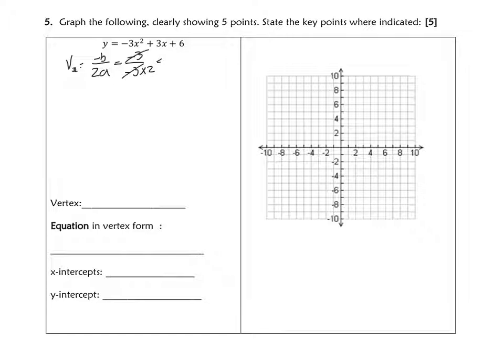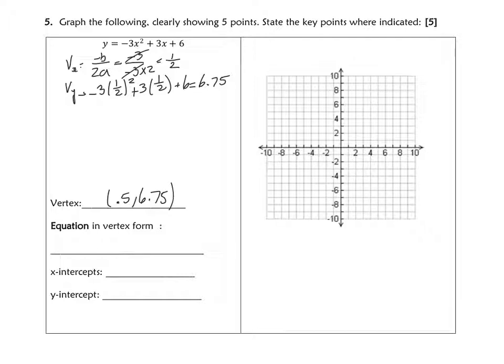Negative 3 goes with negative 3, which is 1 over 2. Now to find the y-coordinate, I'm going to substitute 1 over 2 back into the equation, so I get negative 3 times 1 over 2 squared plus 3 times 1 over 2 plus 6. If we simplify this one, we get 6.75. So this means that the coordinate of the vertex is 1 over 2, which is 0.5, and 6.75.